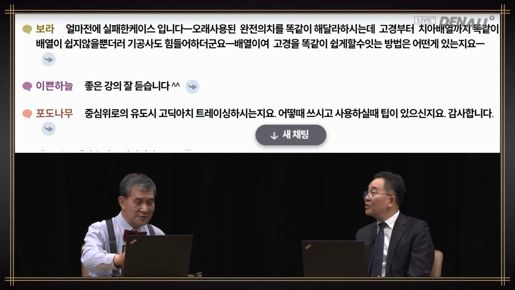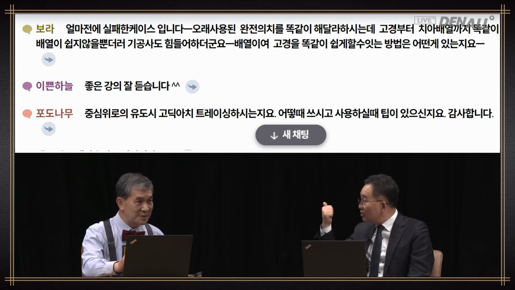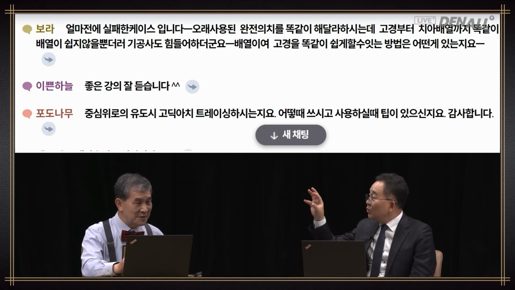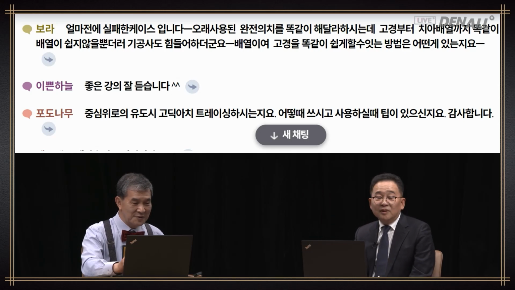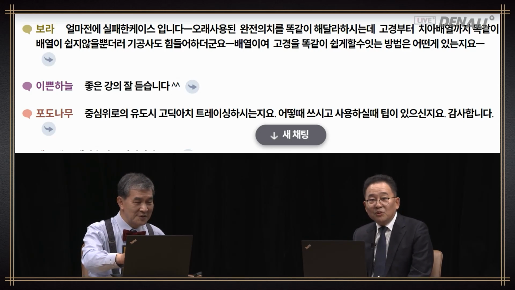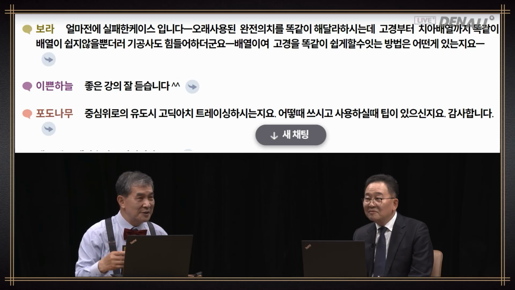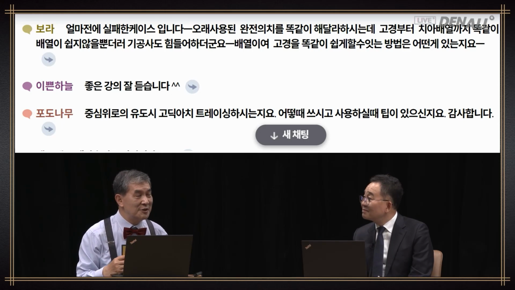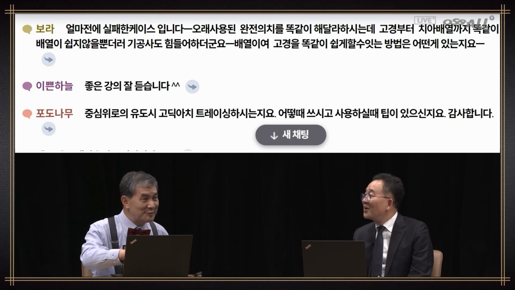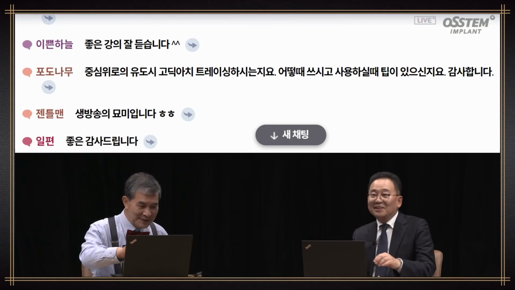The old denture is the best. Replicating it is a very great idea, and if you think more on this, you'll be able to get a good answer. If you're interested, you can reach out to Professor Lim Young-jun and communicate on it.